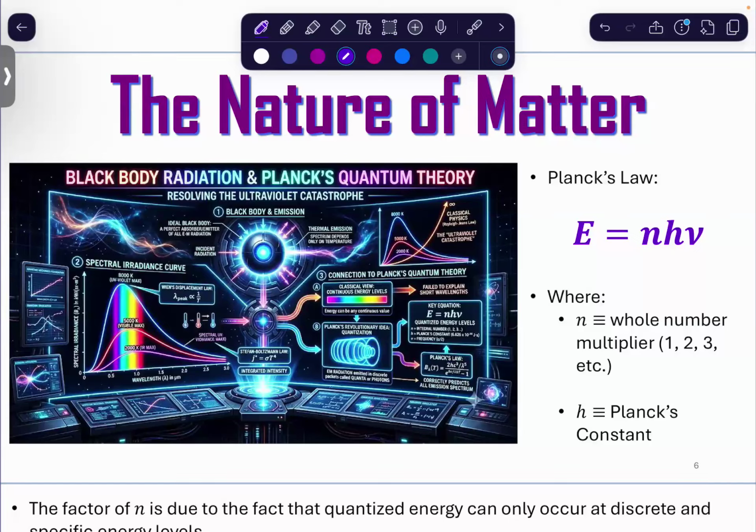So the way he first started about that is you see here at the right, Planck's equation, E equals n h nu. Now, eventually we're going to get to the point where the n gets taken away, but as of right now, your allowed energy levels are going to be whole number multiples of h times nu. h is going to be Planck's constant.